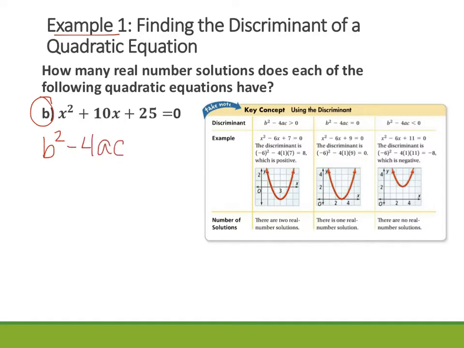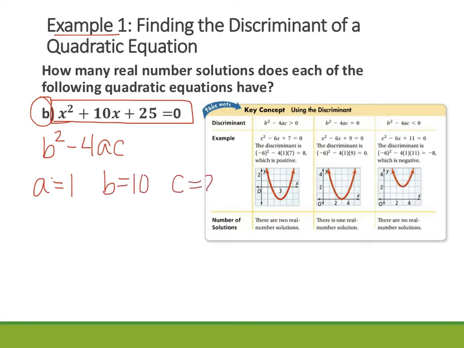So first, I check my equation, make sure that it's in standard form, which it is. Then I designate my values of a, b, and c. After that, I plug those values into the discriminant. So b is 10.